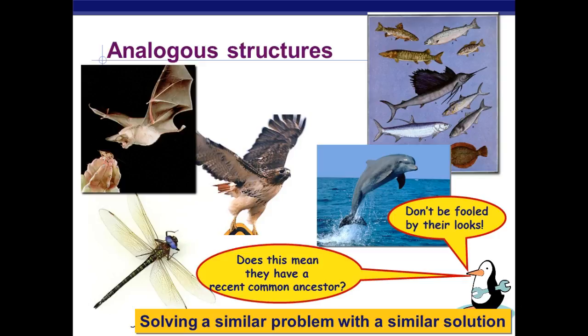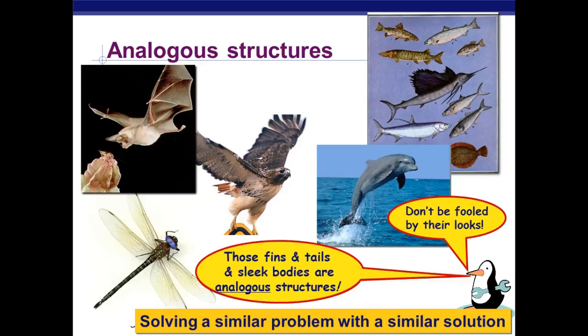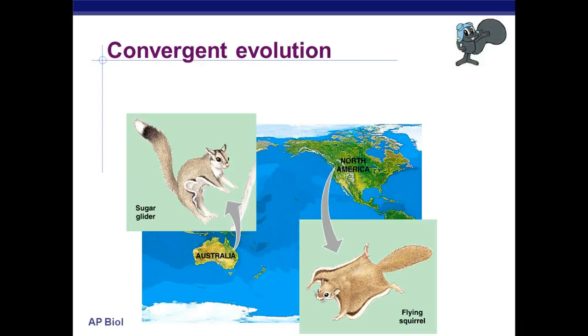So they don't share a close common ancestor. These are what we call analogous structures. Structures used to do the same job for the same purpose, but derived from different body parts, from different ancestry. This is evidence of what we call convergent evolution, because they are converging on a similar solution to a similar problem, but not derived from an ancestor's modifications.